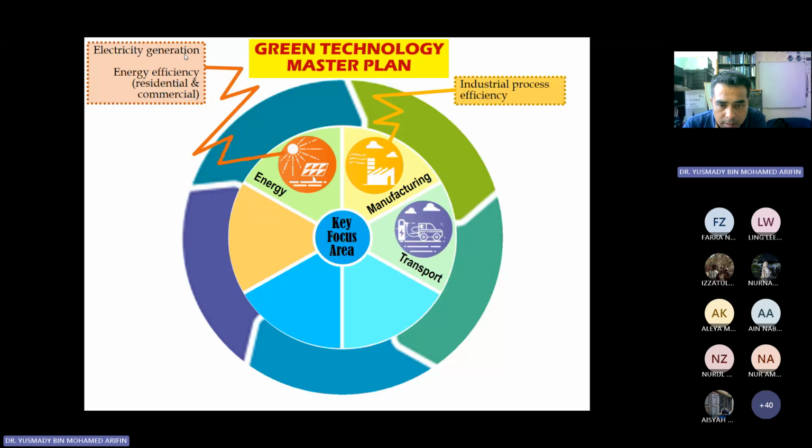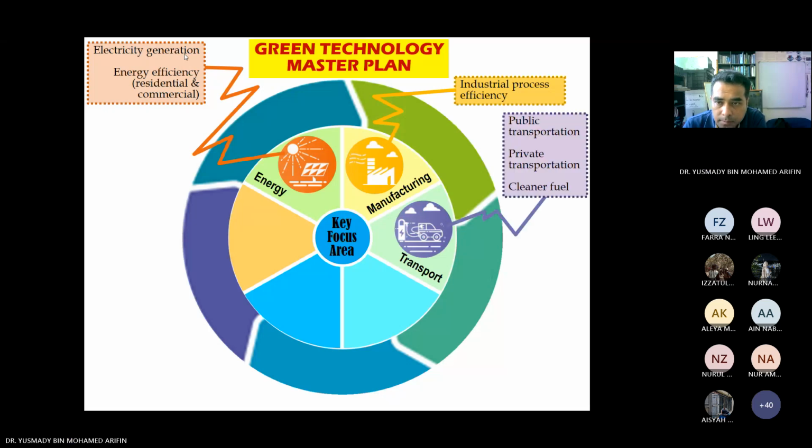Okay. The third one, the transportation. Use the public transportation in order to reduce the emission. Private transportation, and also the usage of cleaner fuel, hydrogen, electric, biofuel, and so on. In the building, involved with green building.